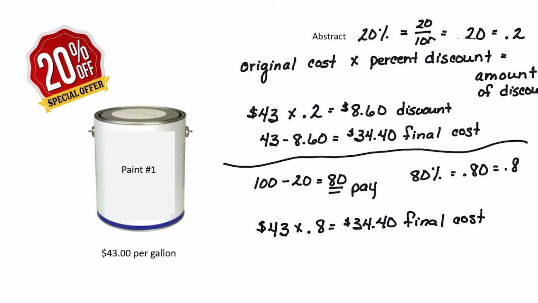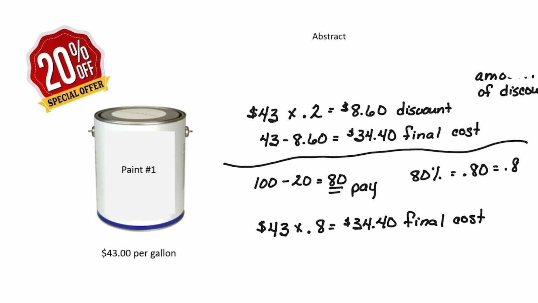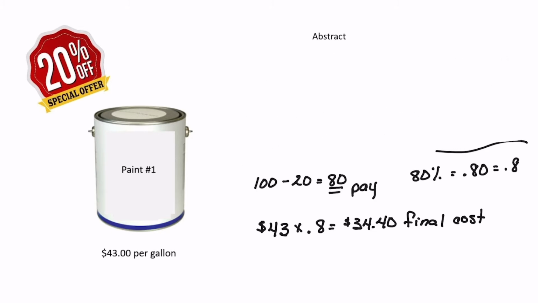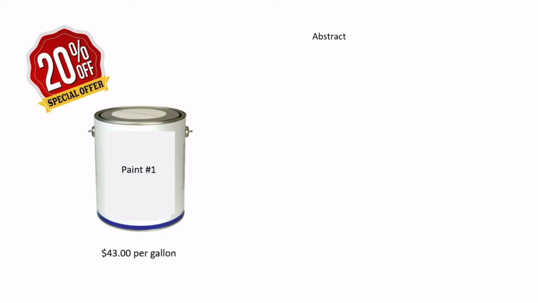So 2 different ways to look at it. Do I want my discount, or do I want to multiply times what I actually have to pay? There's a third strategy. It's also with abstract. It's using ratios, and I want to show you that very quickly. And ratios is basically 2 fractions.